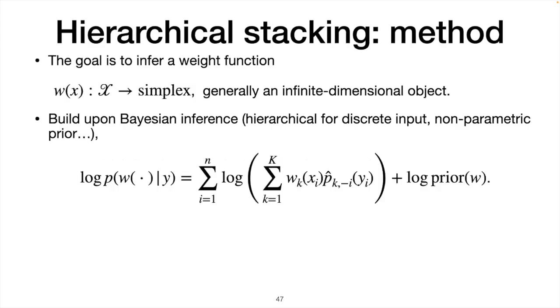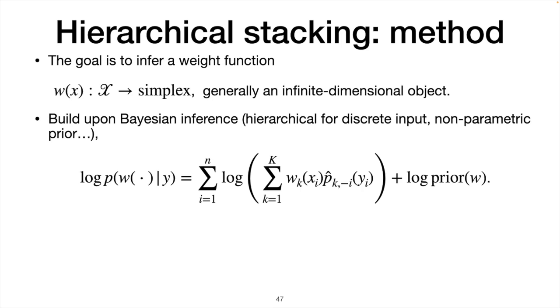We can turn this into a Bayesian estimation problem, because now the goal is to make an inference on the weight function, which takes the space of X into a simplex. It is generally an infinite dimensional object, because a function is an infinite dimensional object.